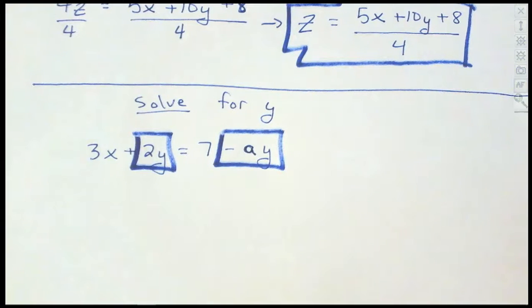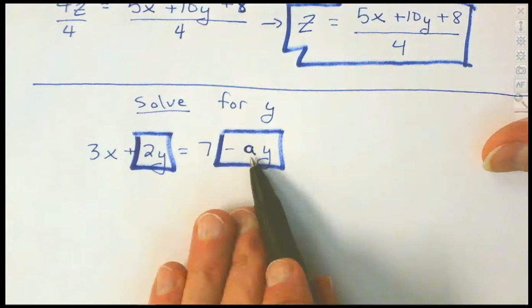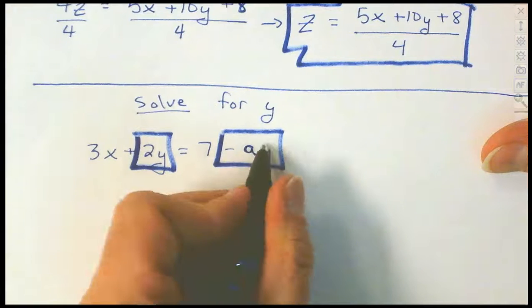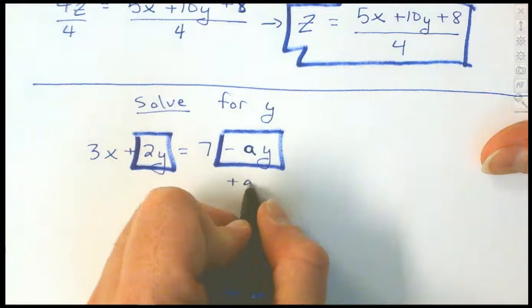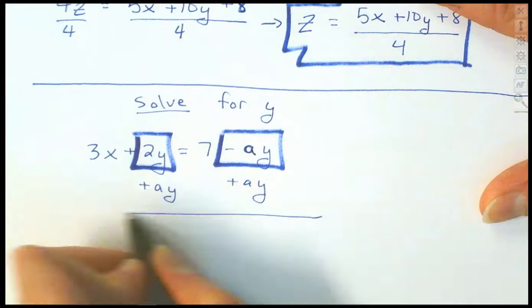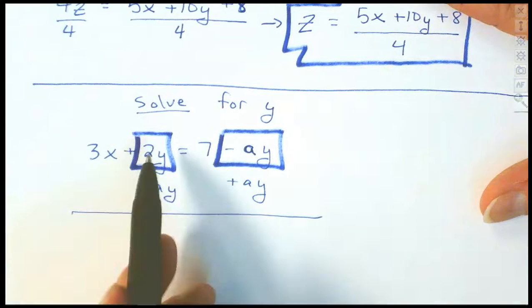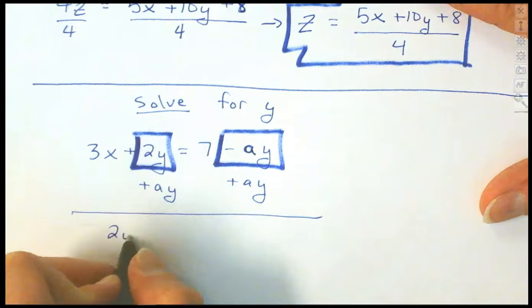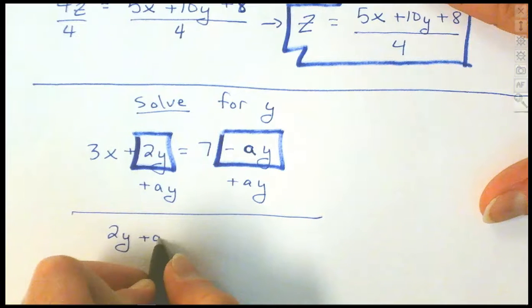I'm going to try to do this in one step here, so I think it's less confusing. First thing I need to do is get rid of the ay. Now it's a negative ay, so I'm going to add ay. That gives you 2y plus ay.